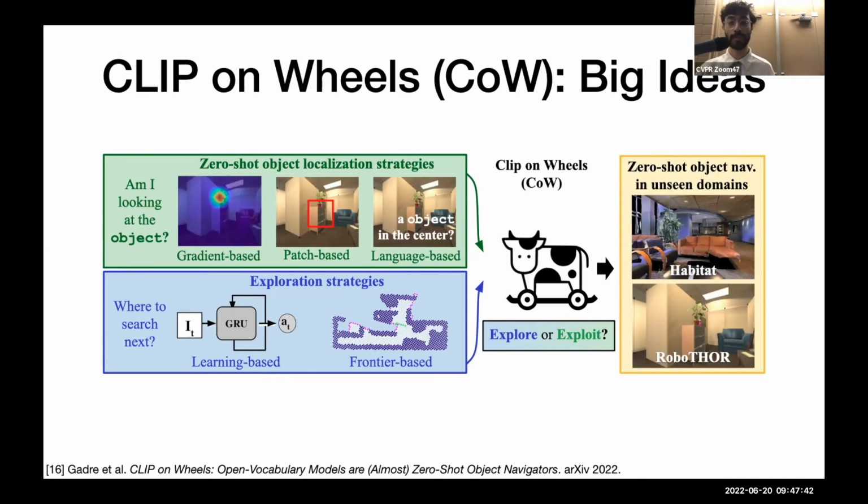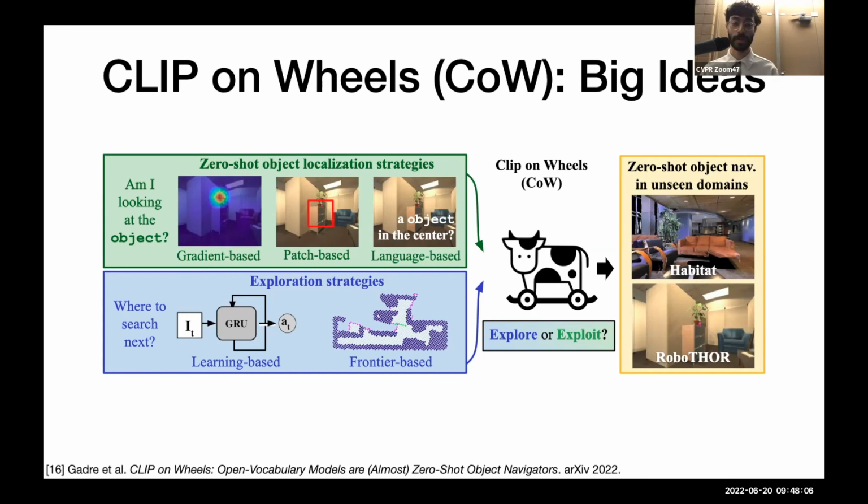And then we get a very simple heuristic: when we've localized the object, plan to it in some kind of a map, or if not, just explore until you generate a view where you've seen the object. So it's a fairly simple algorithm. But the cool thing is that we don't really have to do any training to do this.